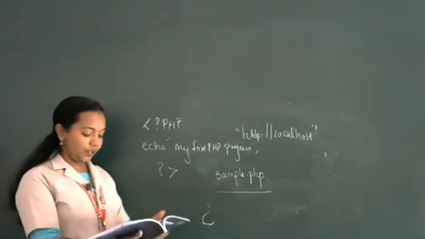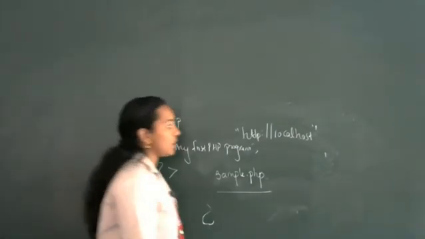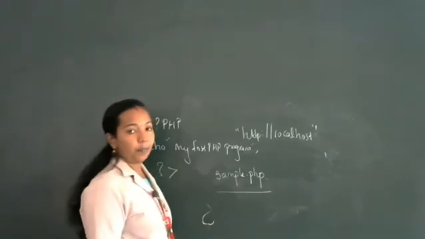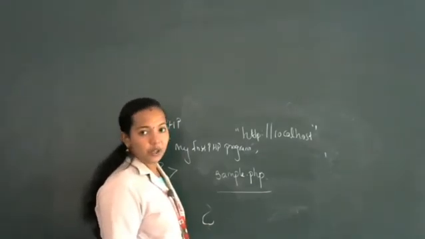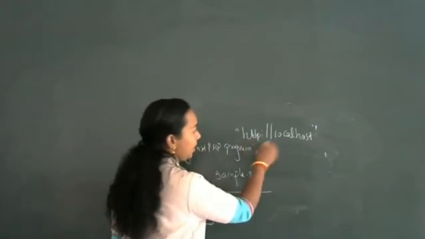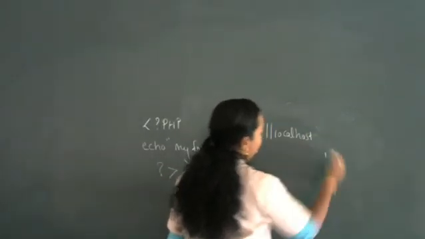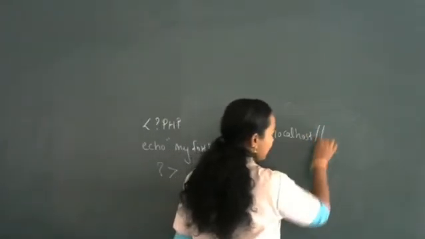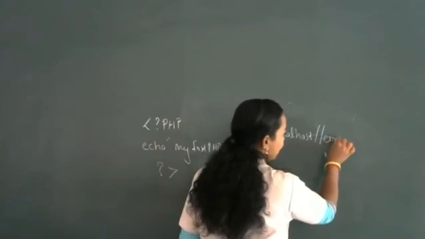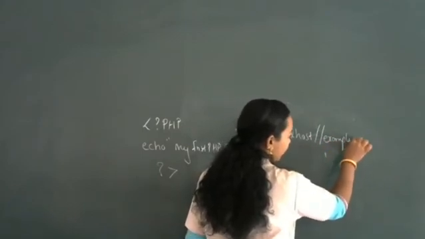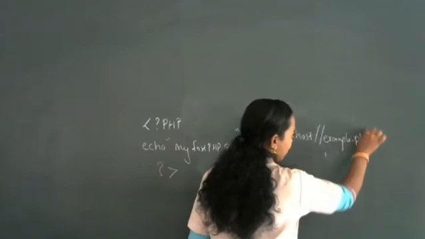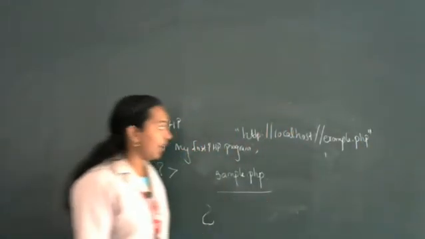Then after that you want to execute. For executing this, again open the web browser. In the address bar you want to type http://localhost/example.php. Okay, what you want to type?